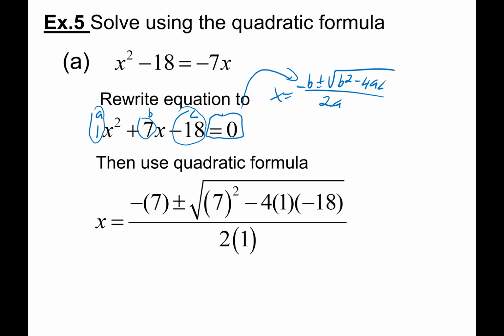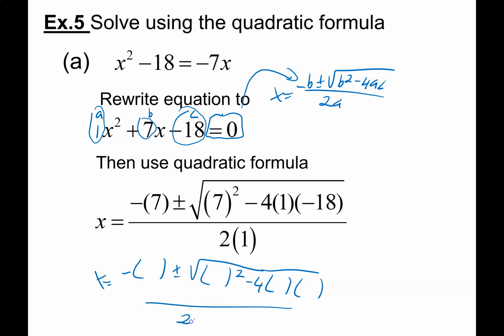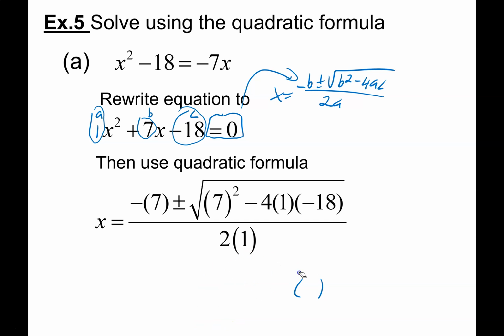A lot of times what I like to do is just write negative b plus or minus the square root of b squared minus 4ac all over 2a, leave the blanks in there, and then fill in based on your a's, b's, and c's. But you don't have to do it that way. I just found it to be pretty effective.